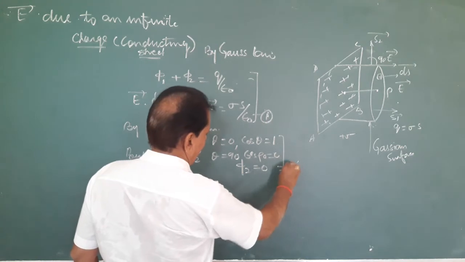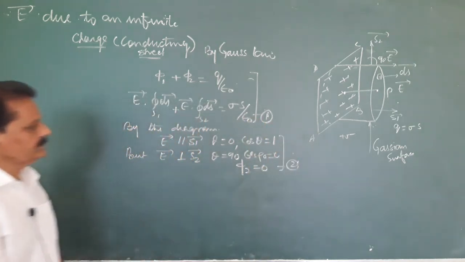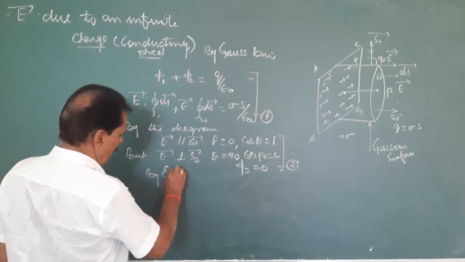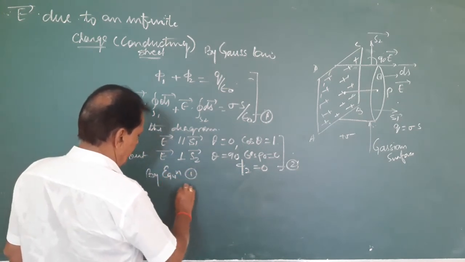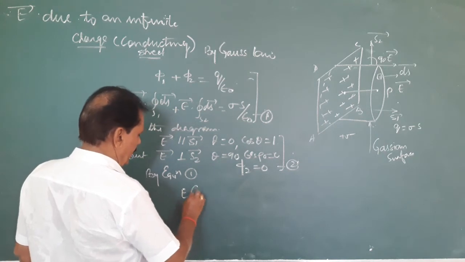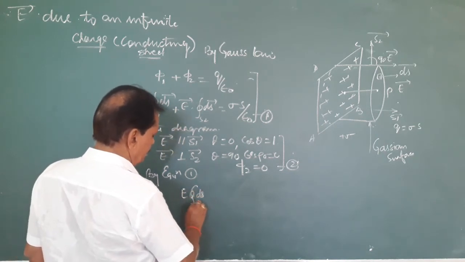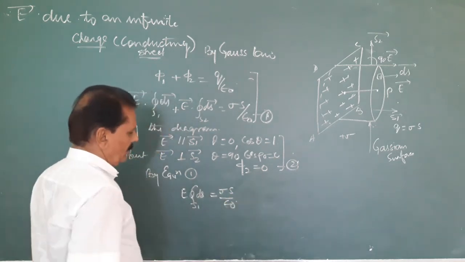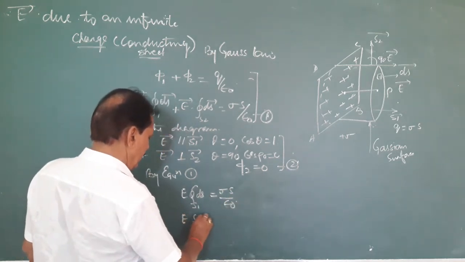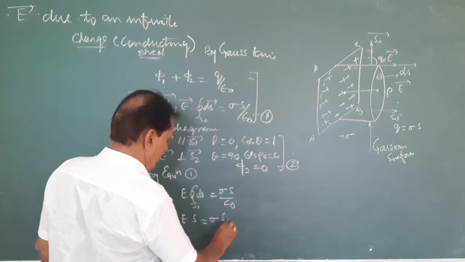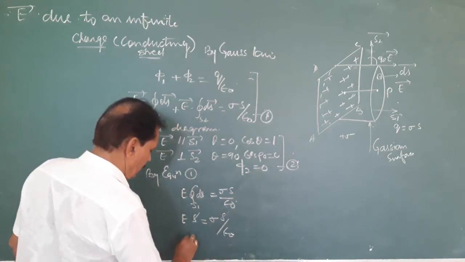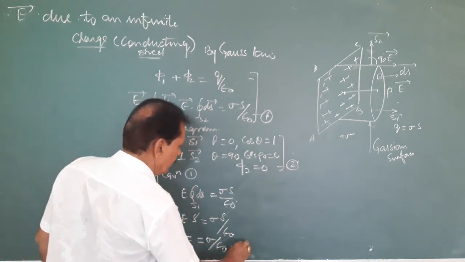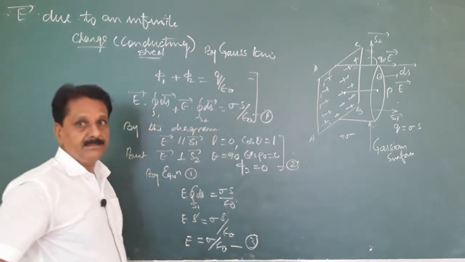This is our second condition. Then by equation 1, E integral ds over S1 equals sigma S by epsilon 0, that is ES equals sigma S by epsilon 0. S will get cancelled, therefore E is sigma by epsilon naught. This is our equation third.